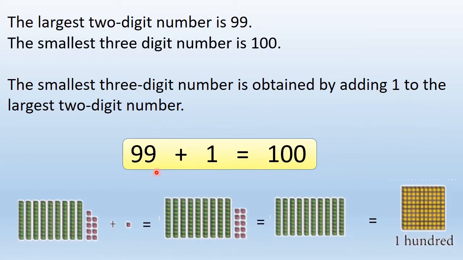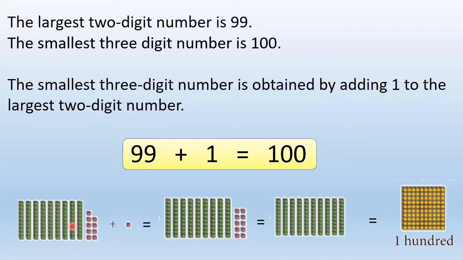Representing the same fact using beads, 99. If you count here, we have 9 lines of beads, 1, 2, 3, 4, 5, 6, 7, 8, 9. And we have 9 single beads here, 9 ones.